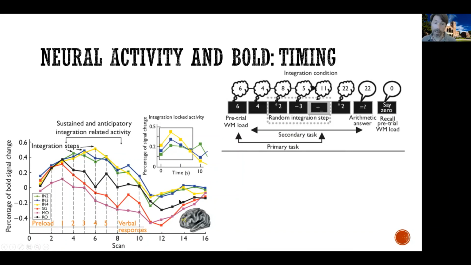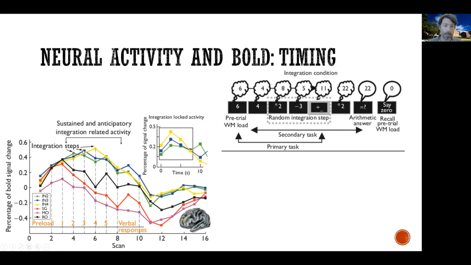So this to them was evidence that BA10 served an integration purpose. To us, it's interesting because it's a nice proof that the timing of mental events is reflected in the timing of the BOLD response. If the integration happens here, you see the BOLD response peak here and then fall off.